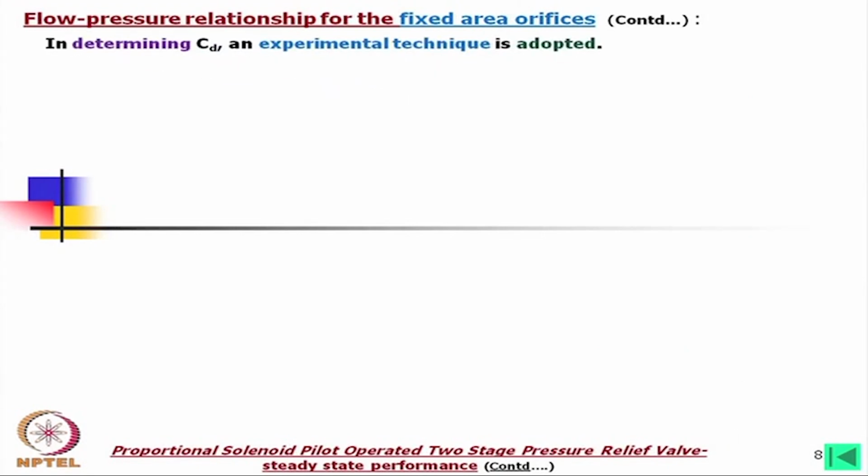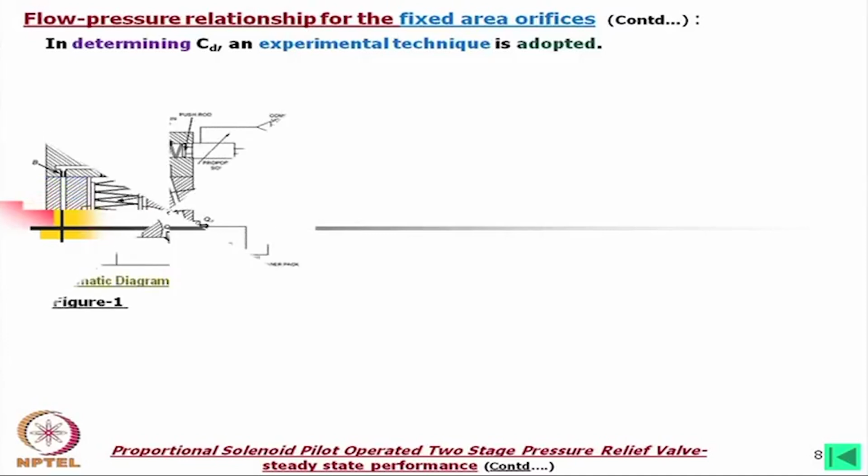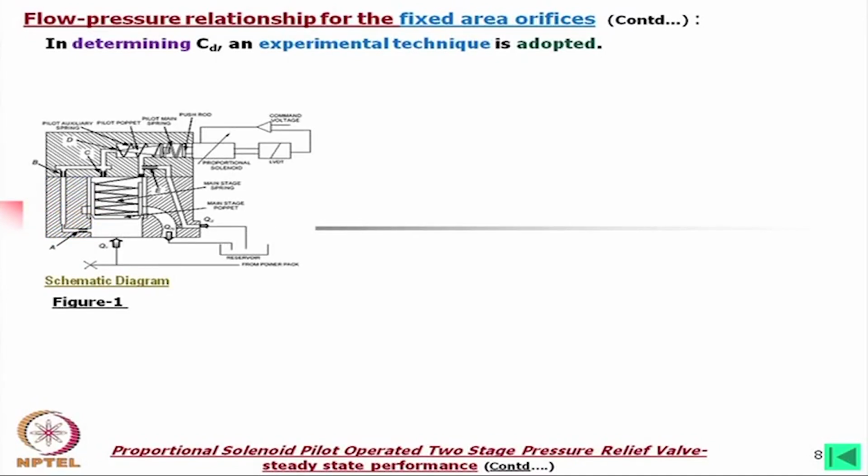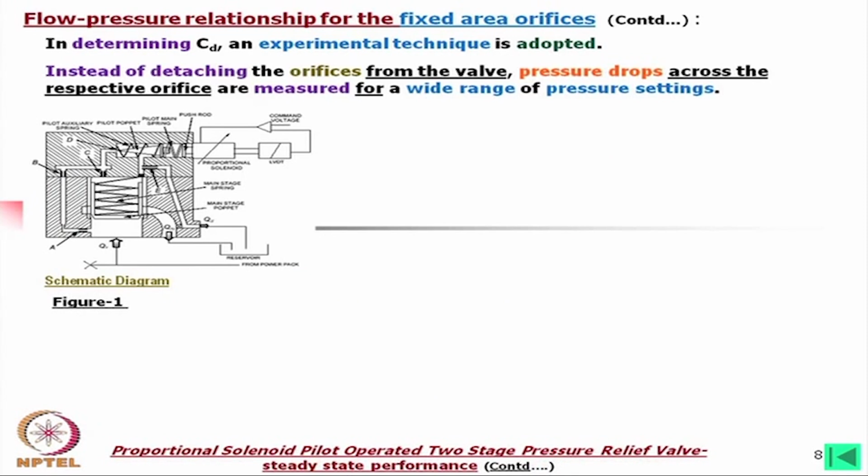Now, in determining CD, an experimental technique is adopted. Instead of detaching the orifices from the valve, pressure drop across the respective orifice is measured for a wide range of pressure settings.